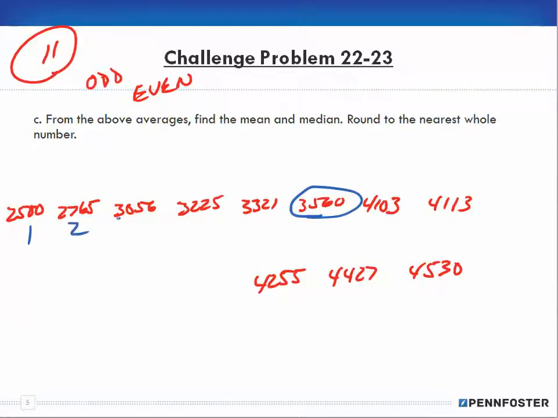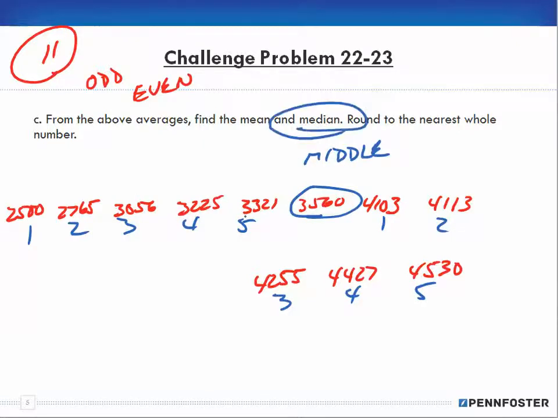Because I have 5 numbers below it and 5 numbers above it. So I'm looking for the middle number when I'm looking for the median. That's what I do if I have an odd data set.